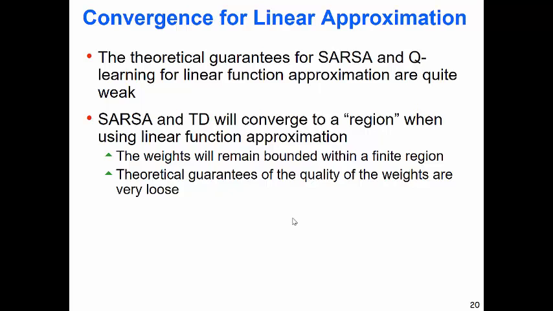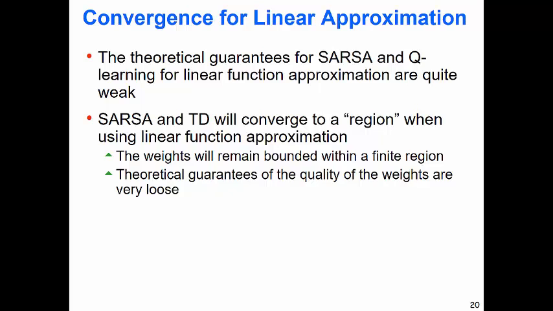The on policy nature of SARSA lets you get some convergence results that are a little bit stronger than Q learning. They can say that it converges to a region, some fixed region, but the quality of that region is not very well characterized. The quality guarantees they have on the region are so loose that it's not even really that meaningful.